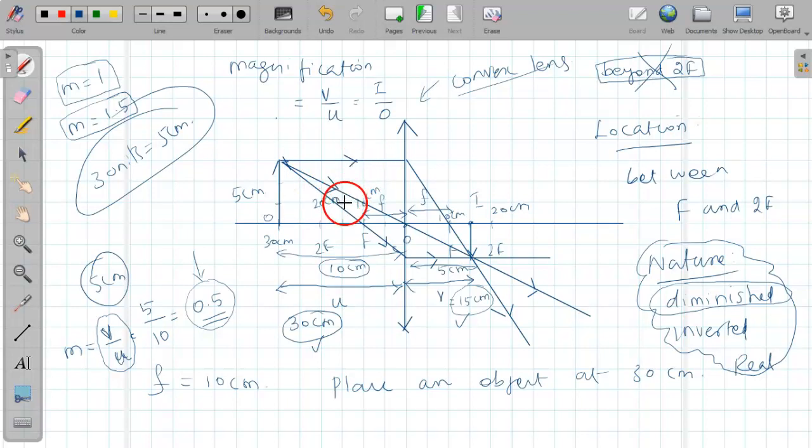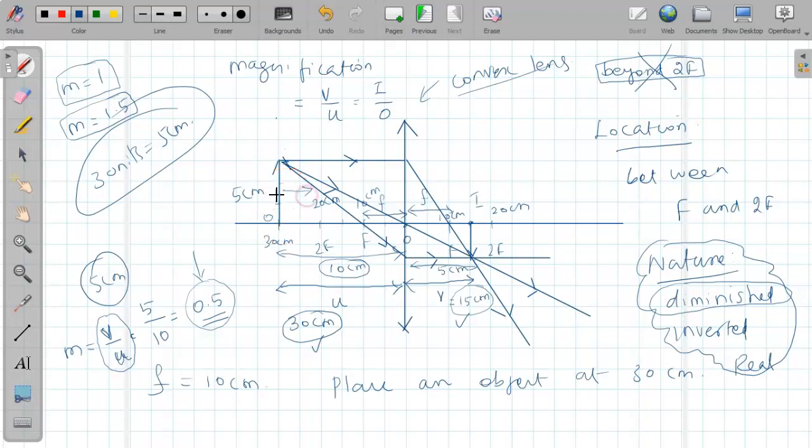In the next video, I will explain how to get the image location and the nature for the other 4 cases. This is case 1, which is beyond 2F. The object is placed beyond 2F, right? Now second case, I will move the object closer to the lens, step by step. Now I will place the object at 2F.